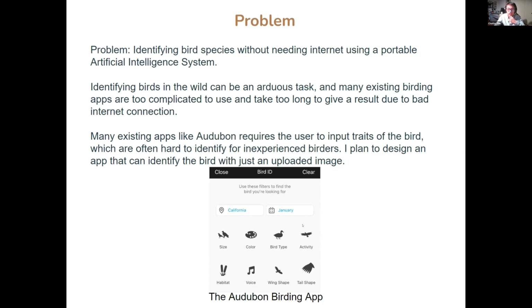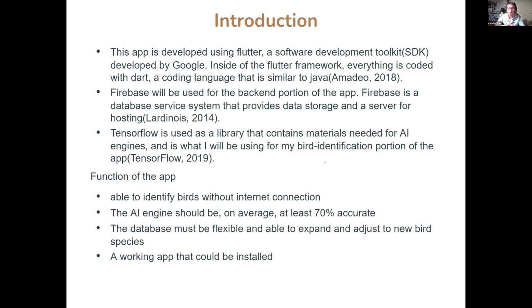So this is not really accurate and not really effective for inexperienced birders. Instead, with my app, the users can find out what the bird is with just an image uploaded. They can either upload a picture to the app, or they can take a picture right now and then upload it to the app.